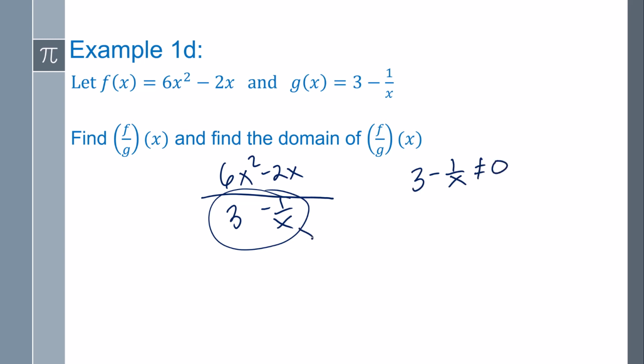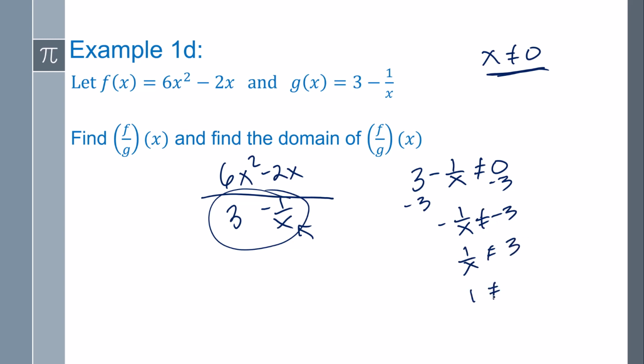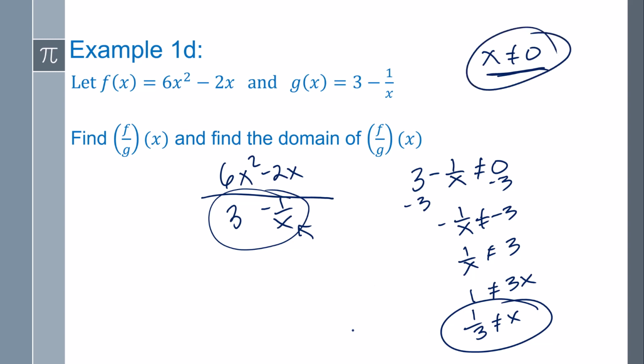And I have an x in the denominator here, so x can't equal 0. So I have to solve for both of them. Well, that one's already there. For my next one, I could subtract 3 on both sides, divide by a negative, multiply by x, divide by 3. So I get 1/3 can't equal x. So these two are my domain restrictions.